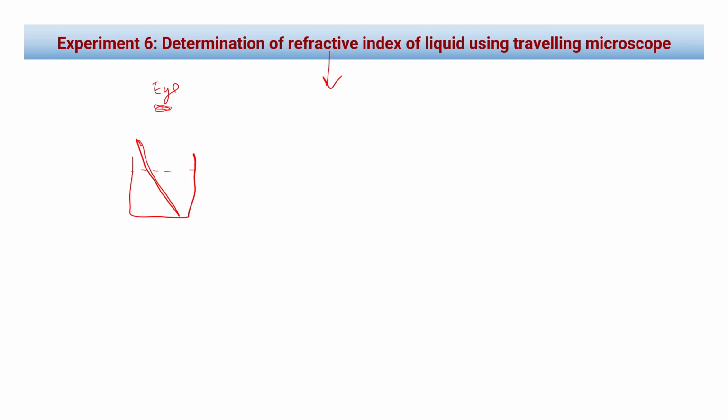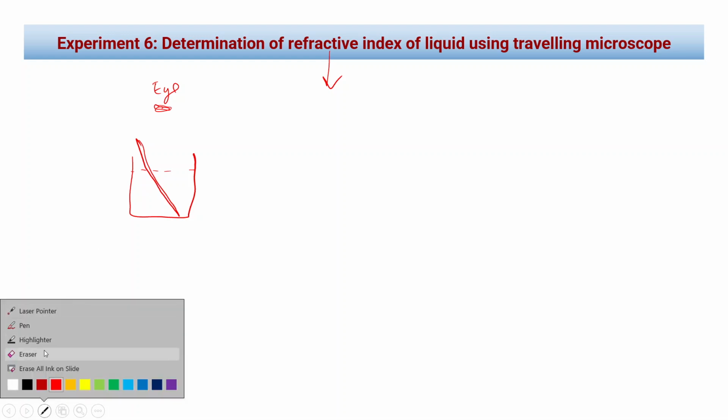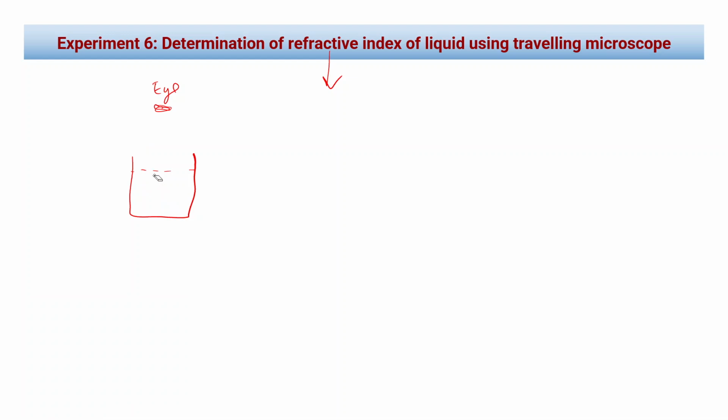When they see it, it appears bent. Let me erase it. I'll see it like this, I'll see it to be bent.